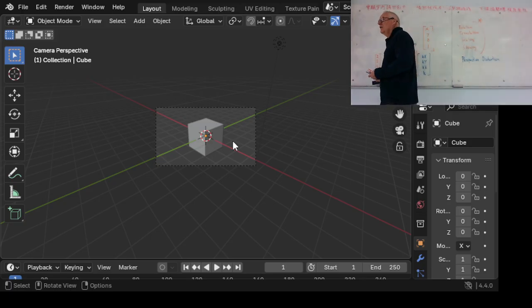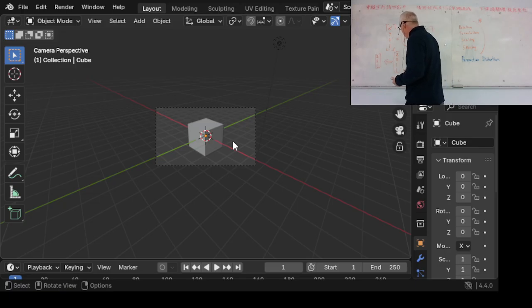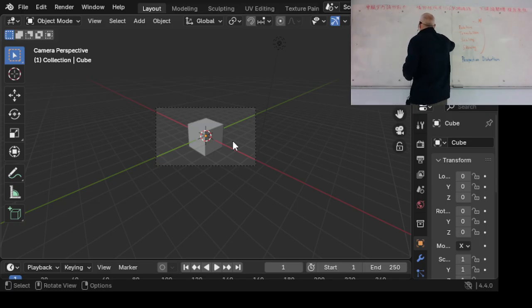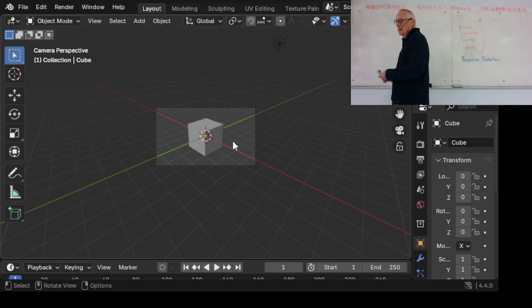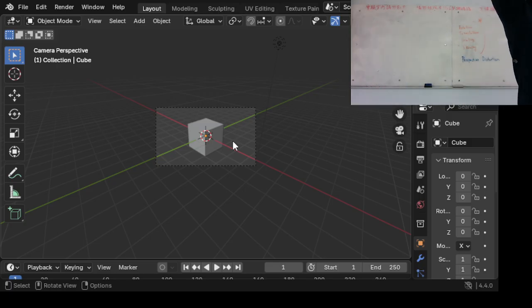In order to make that work, we need to look at how the camera actually looks.